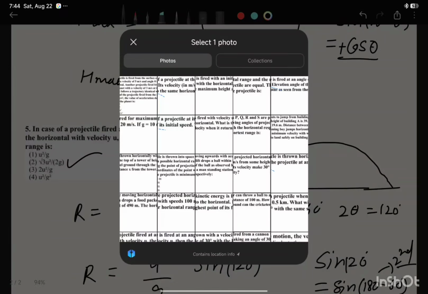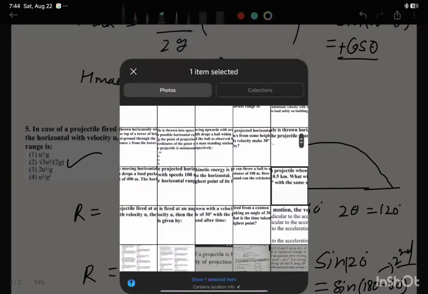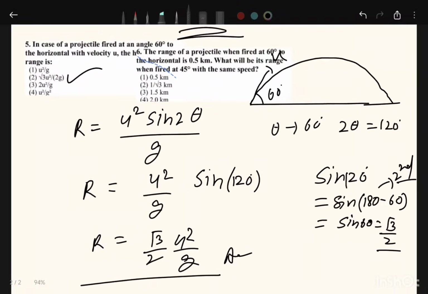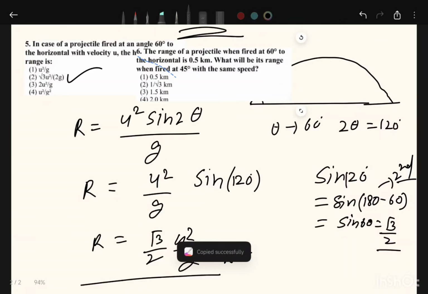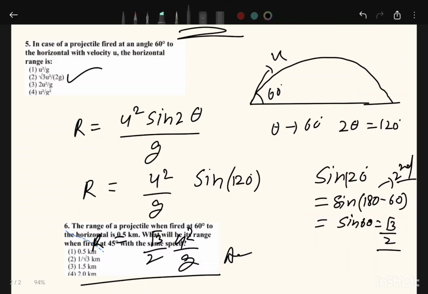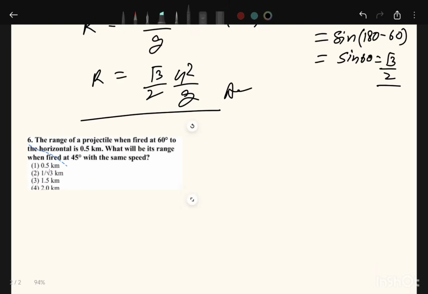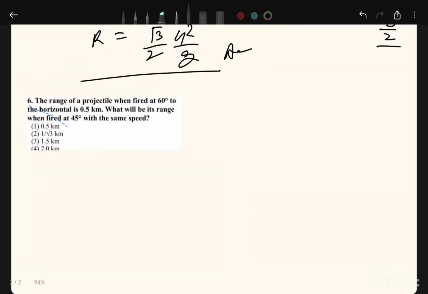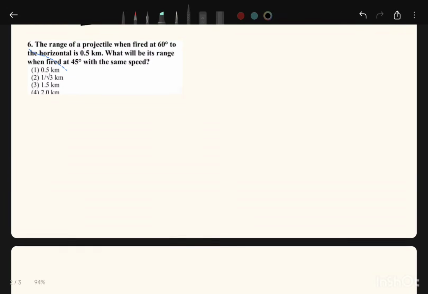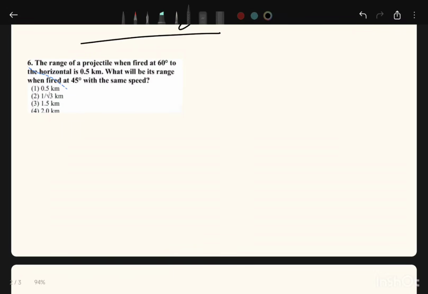Now let me move to the next problem. Problem number 6. The range of a projectile when fired at 60 degree to the horizontal is 0.5 kilometer.